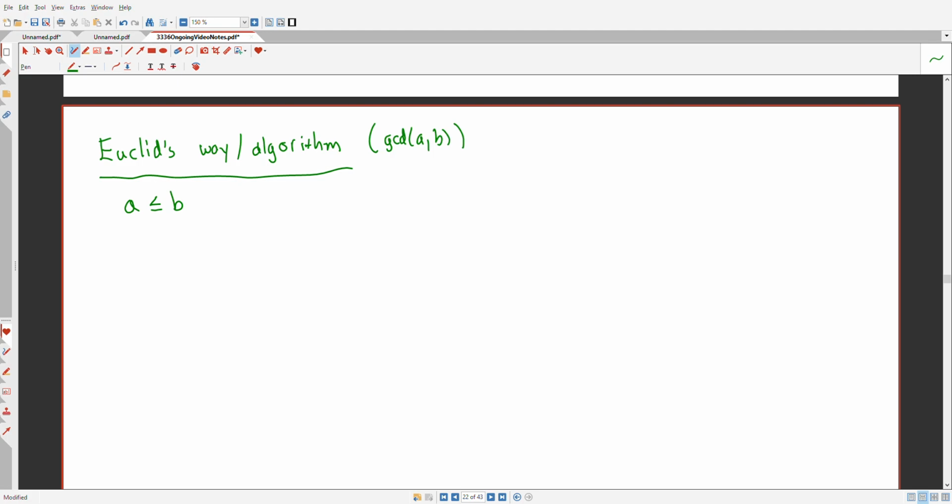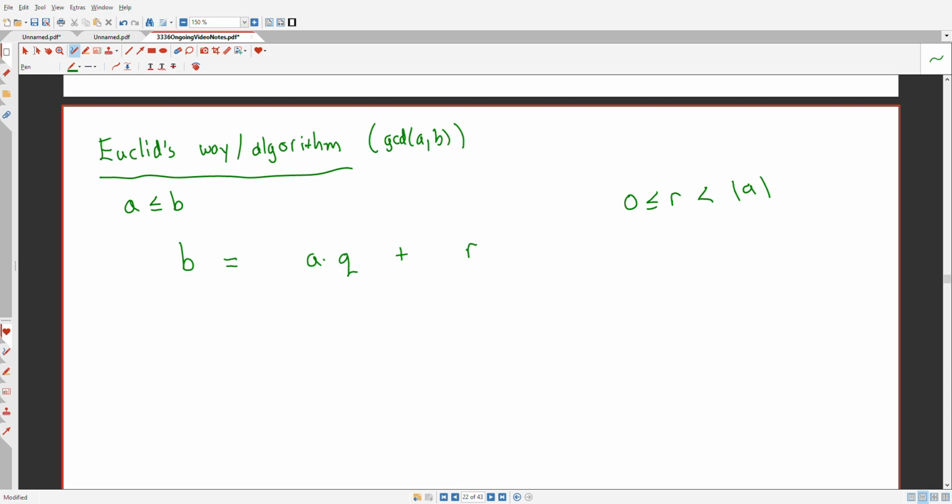And this isn't a difficult thing to assume, right? If b happens to be smaller than a, then just rename them. This is not a big deal. And then step one, what we're going to do is we're going to try and divide b by a. So we're going to apply the division algorithm, the division statement, one time. Okay, so what do we know from this division algorithm statement? We know that this remainder term is not negative, and it's certainly less than a.